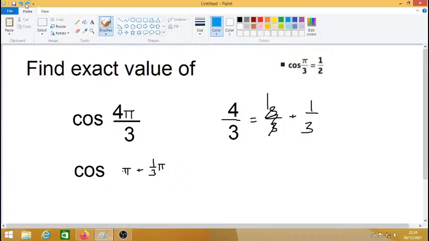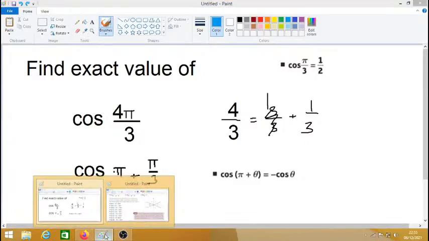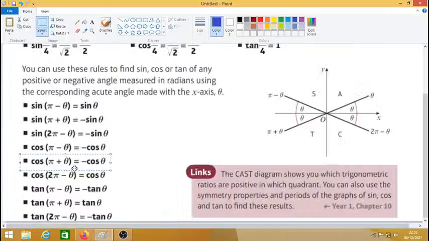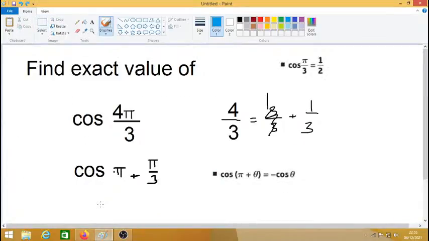And then after that, we want to try and think, okay, what can I choose from the list that we had on the other page, which was this one, something that resembles that. So I've got cosine, and I've got pi plus an angle.